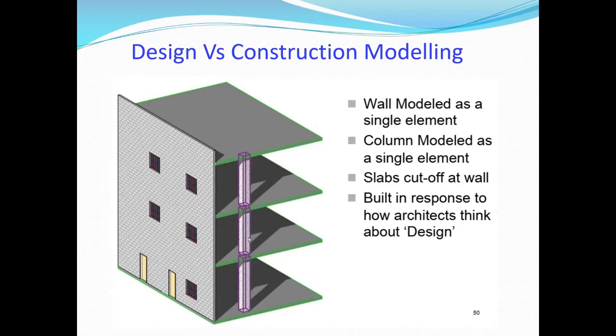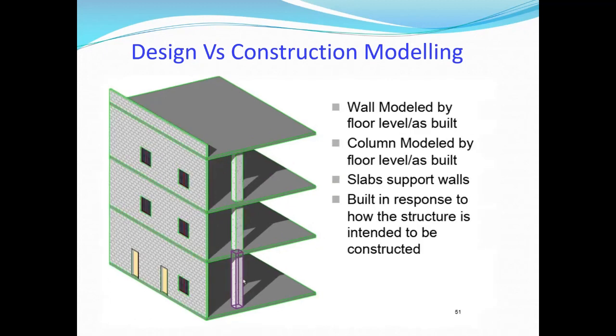I think now you understand, right? You can call this documentation modeling as well. So, consultant model versus contractor model: the consultant model may not capture the construction sequence, while the contractor model is supposed to capture the construction sequence.